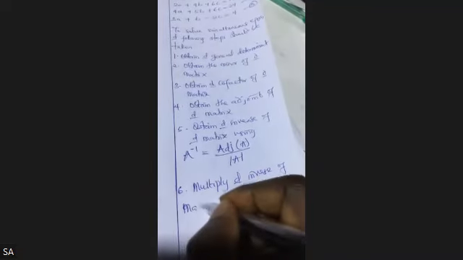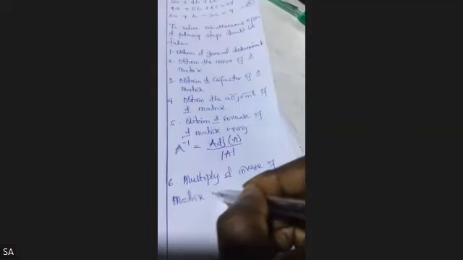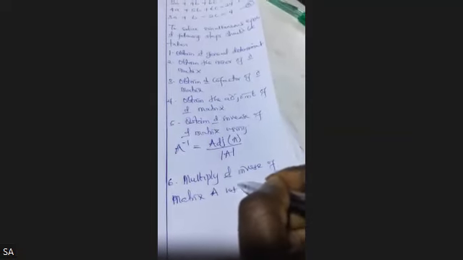We want to obtain X, Y, Z. So you will now multiply the inverse of matrix A with the matrix of constants.